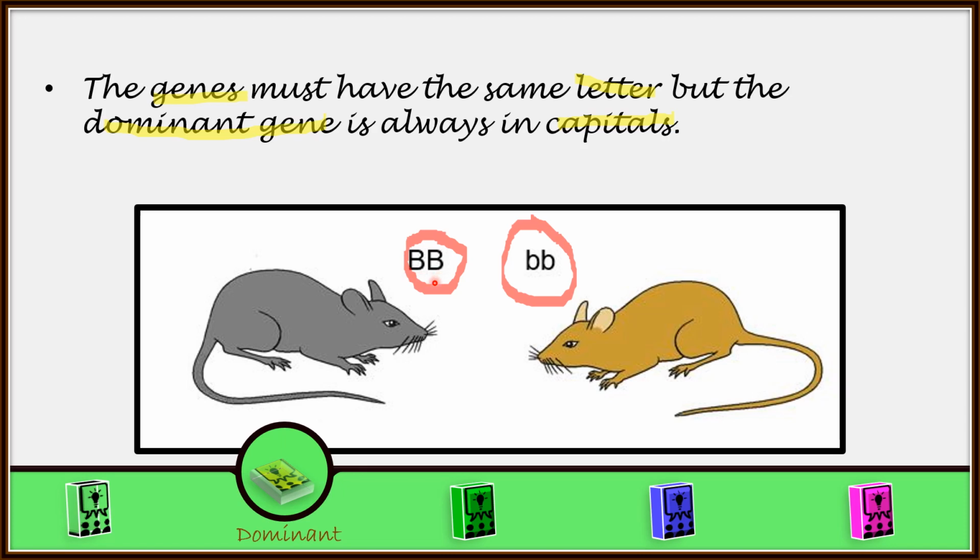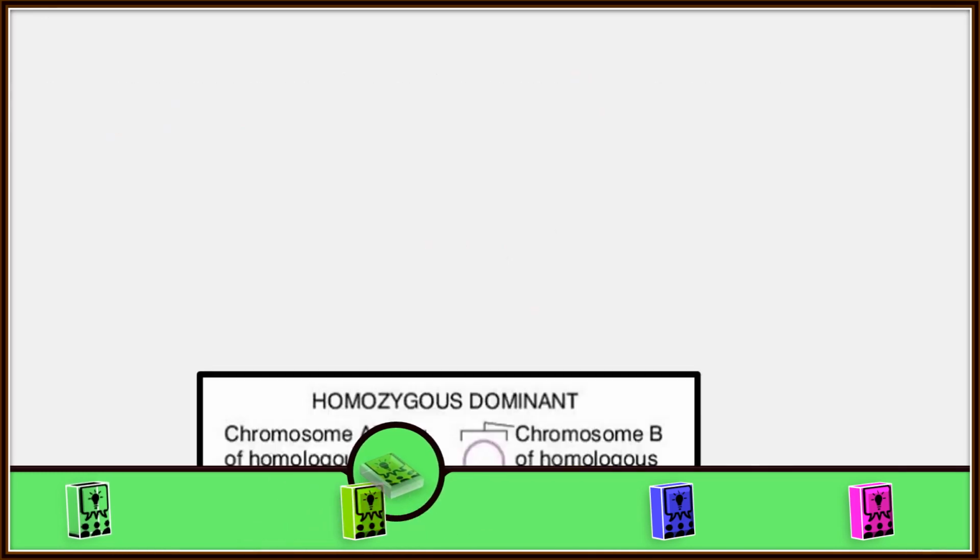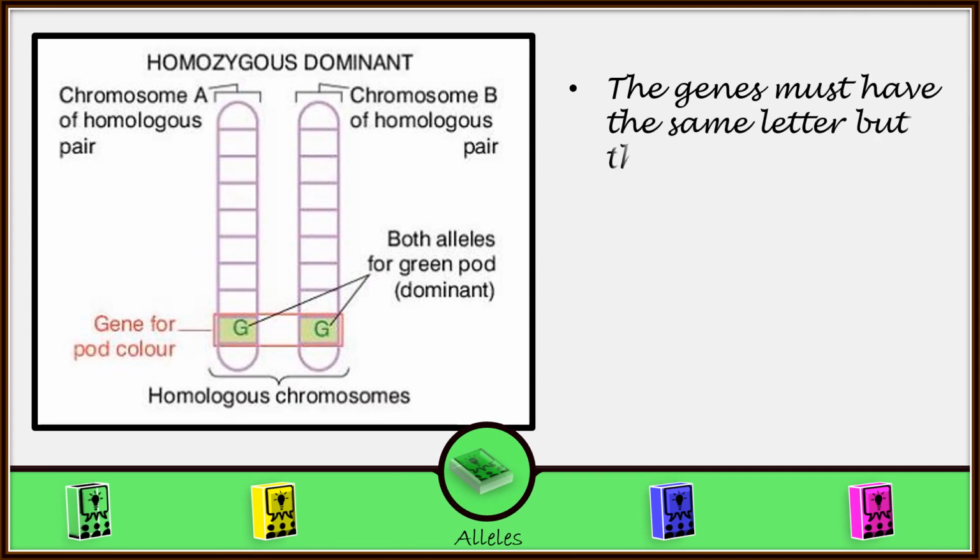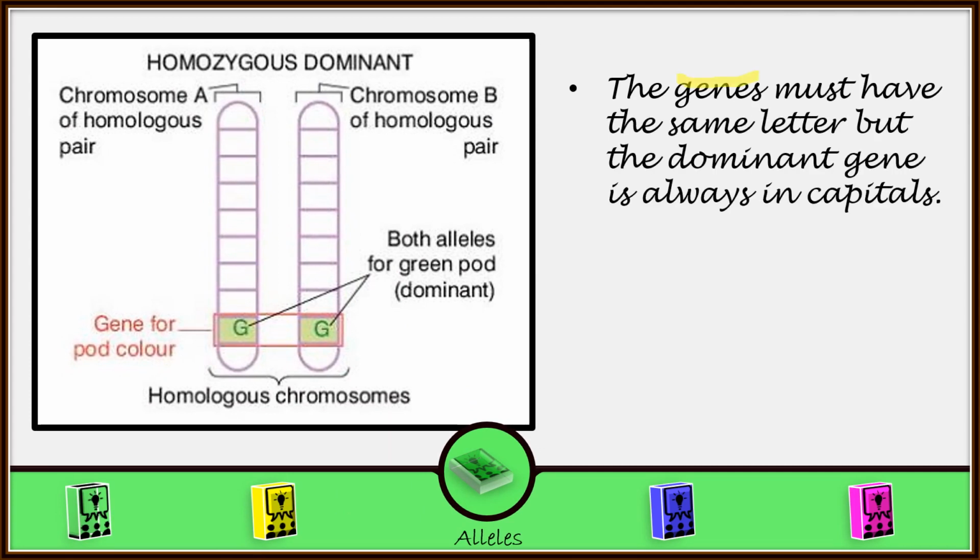Then it is the other way around: if the gene is represented by a small letter, that gene is a recessive gene, and it is going to be written in small letters. The genes must have the same letter, but the dominant gene is always in capital.